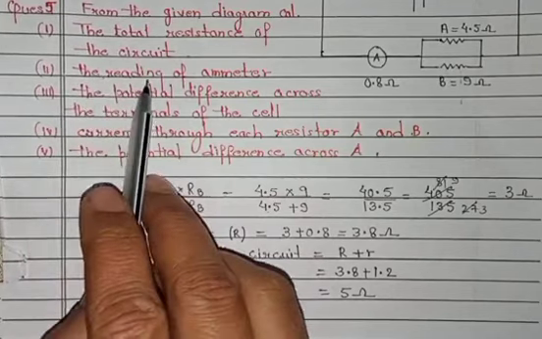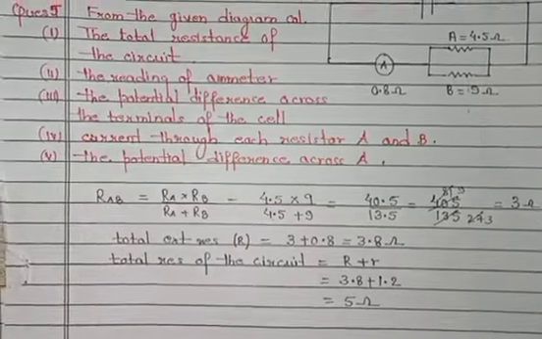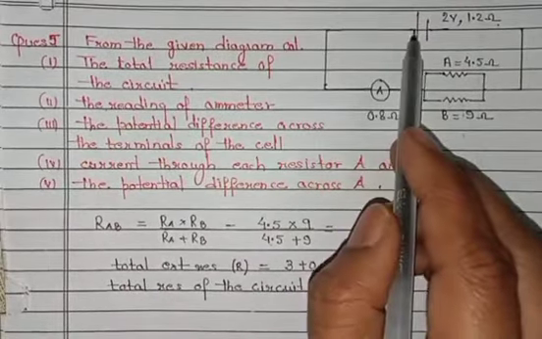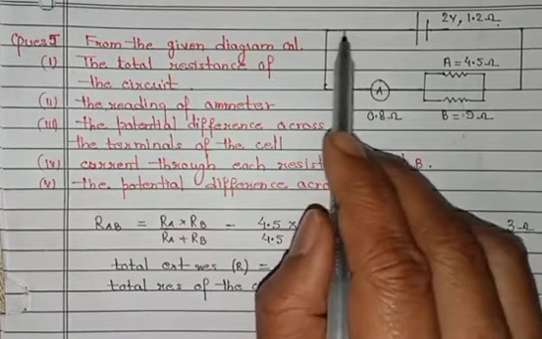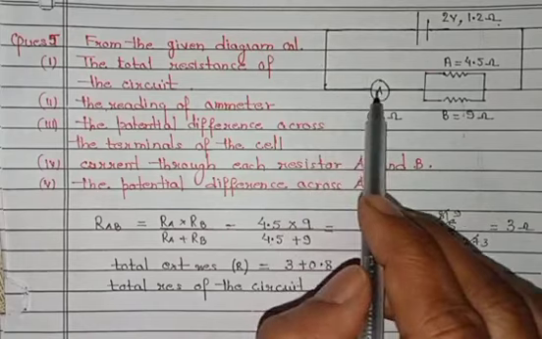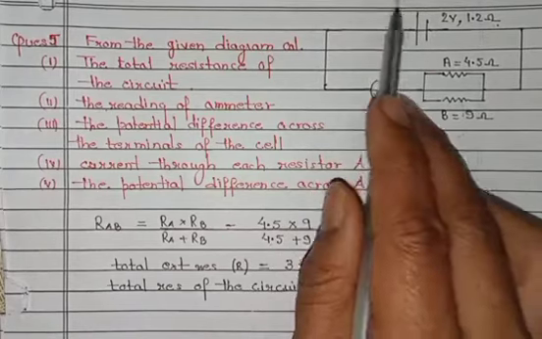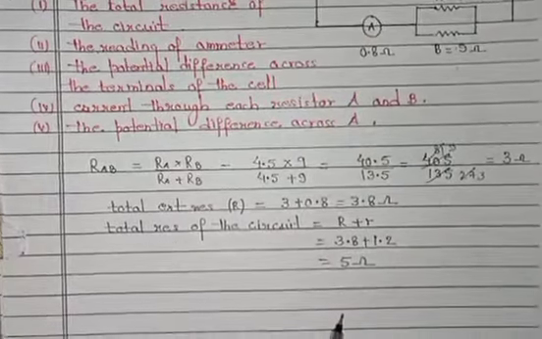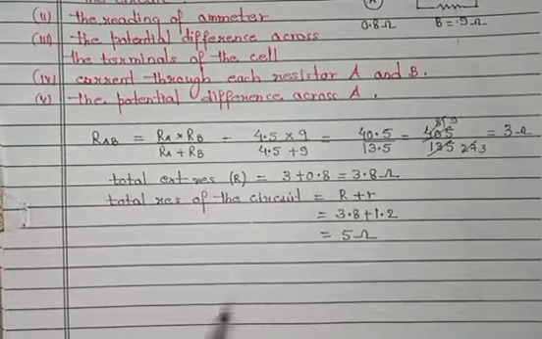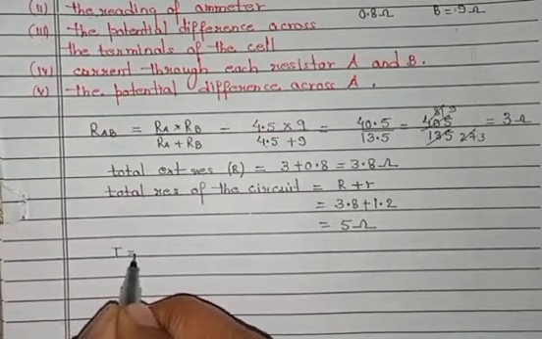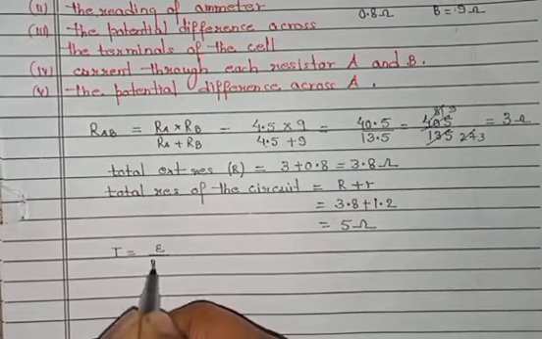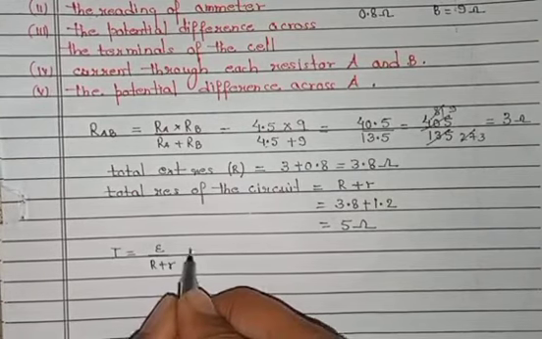Now we need to calculate the reading of ammeter. Now you can see in this diagram, whatever the current is being drawn from the cell, it is being read by the ammeter. So ammeter is reading the main current. And what's the formula for the main current in the circuit? I is equal to EMF upon capital R plus small r.